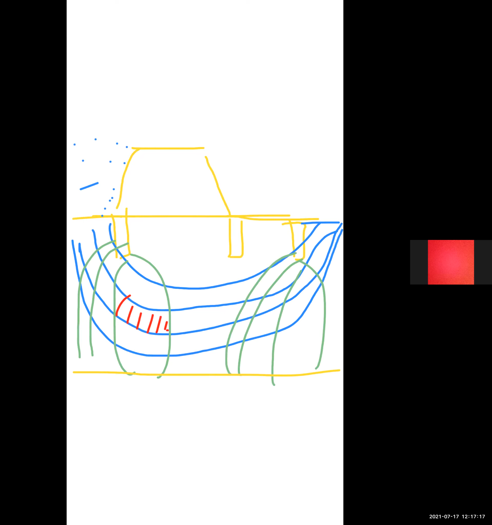This vertical line is an equipotential line and this path is a streamline.